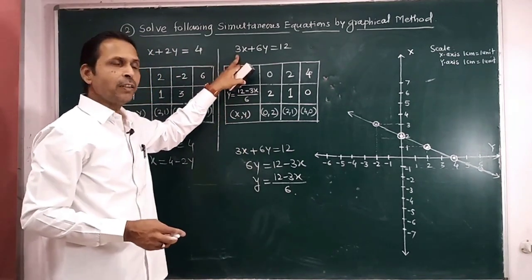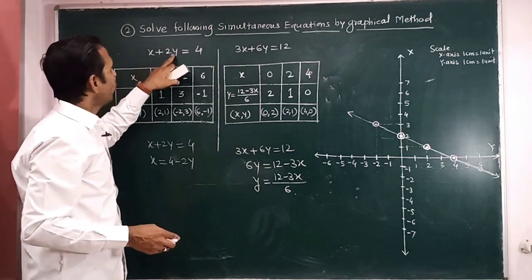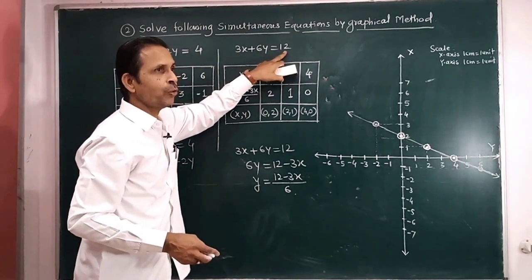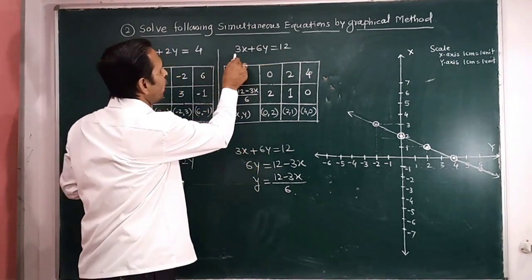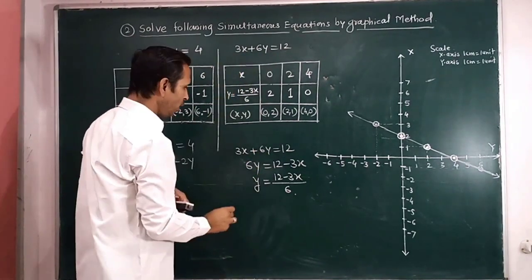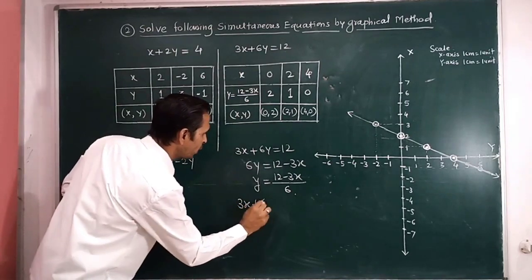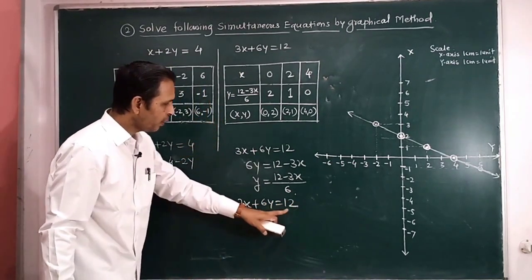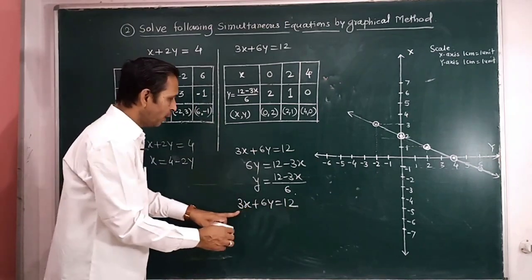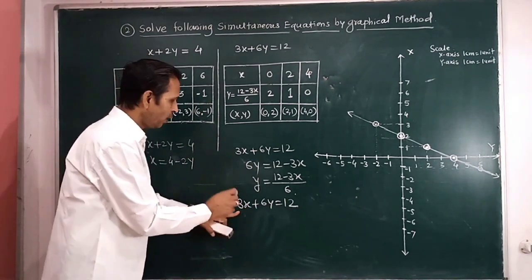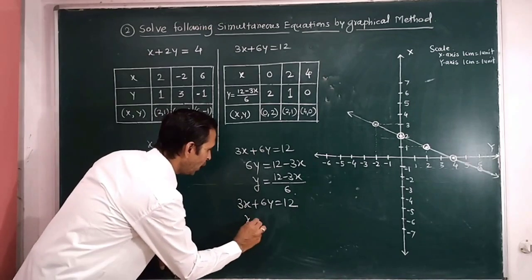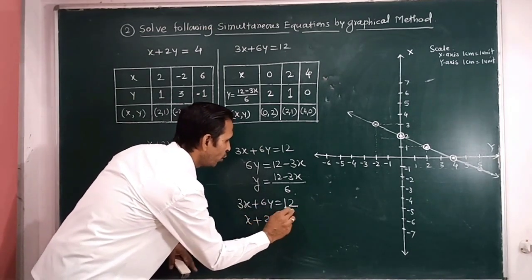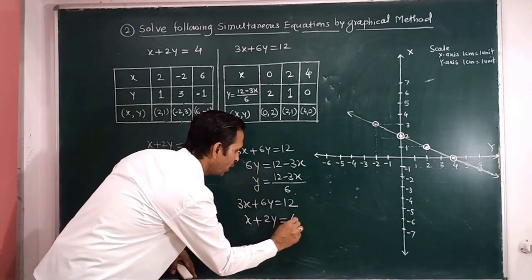Why do they coincide? See here, x plus 2y is equal to 4 and 3x plus 6y is equal to 12. If you divide the second equation, 3x plus 6y is equal to 12, by 3, then which equation do we obtain? 3x upon 3 means x, plus 6y upon 3, that is 2y, is equal to 12 upon 3, means 4.